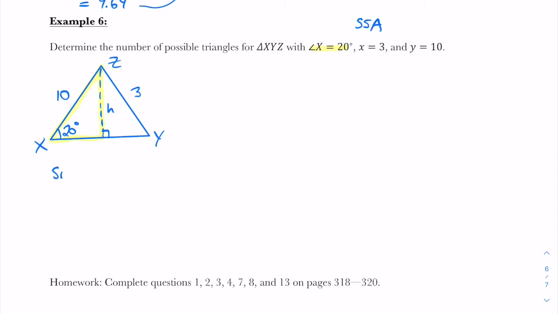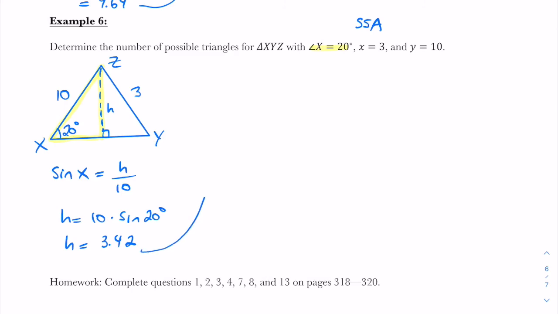So sine of angle x is opposite over hypotenuse. Solving for h, we get 10 multiplied by sine x, or 10 multiplied by sine 20. And that's going to work out to give you about 3.42. Remember, I'm keeping some extra decimal places here just to avoid any possible round-off error.